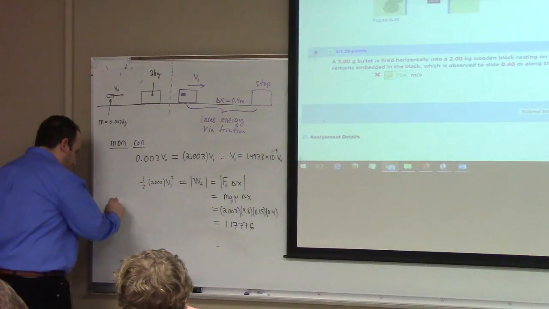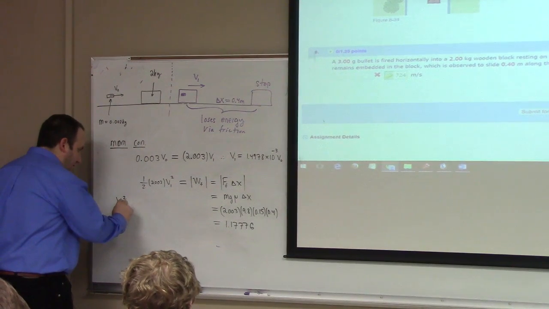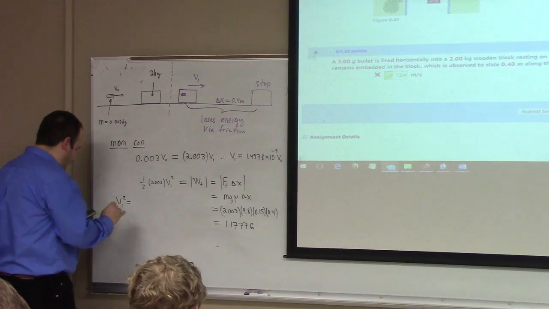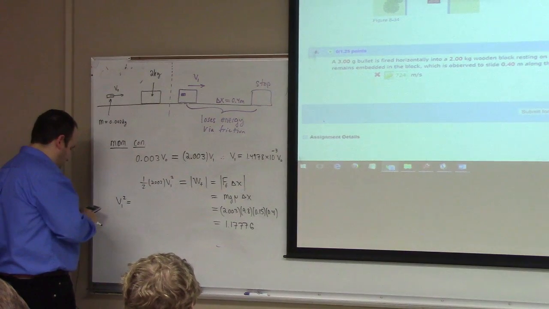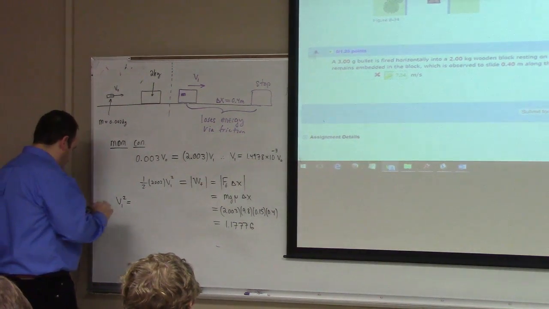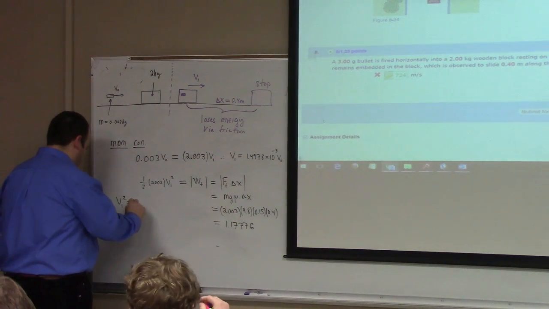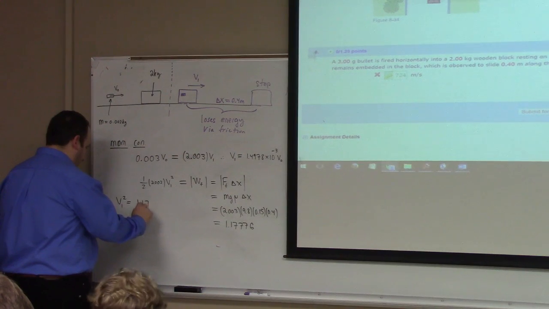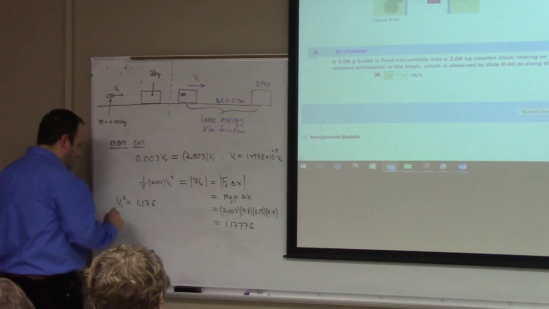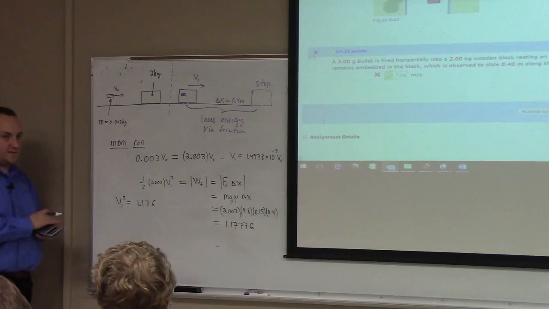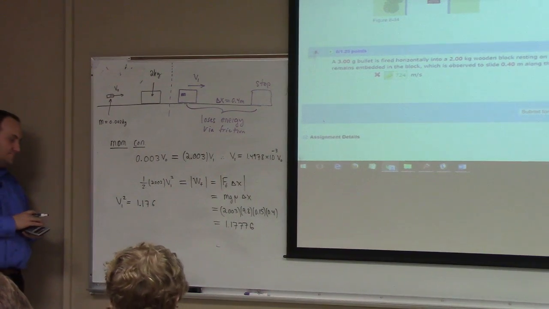So this gives me V1 squared is equal to that times 2 divided by 2.003. V1 squared is equal to basically 1.176 by my calculations. That's going to be in meters per second quantity squared.